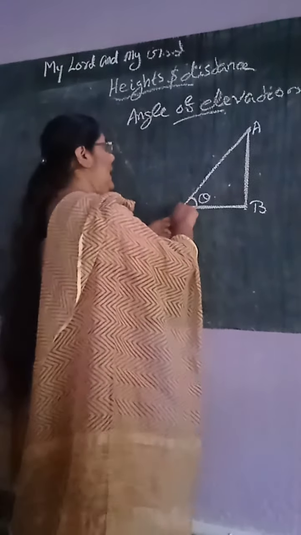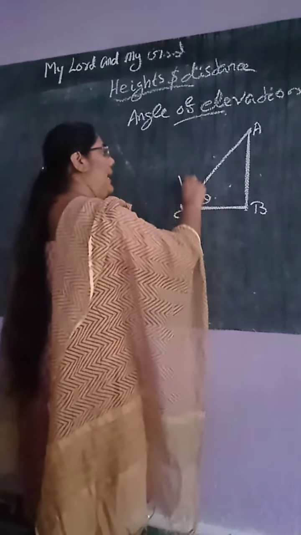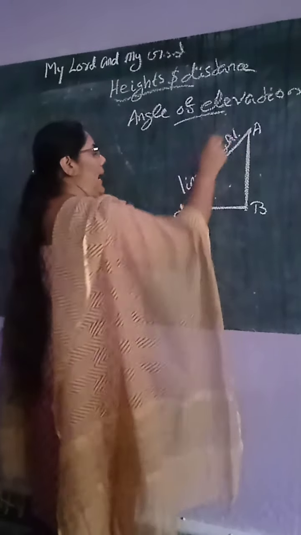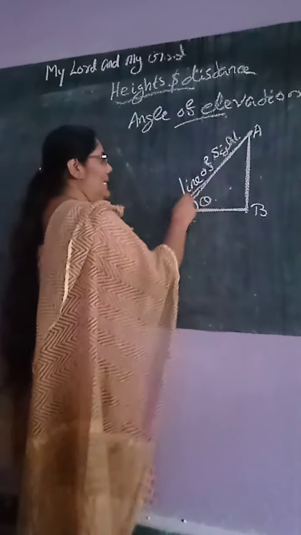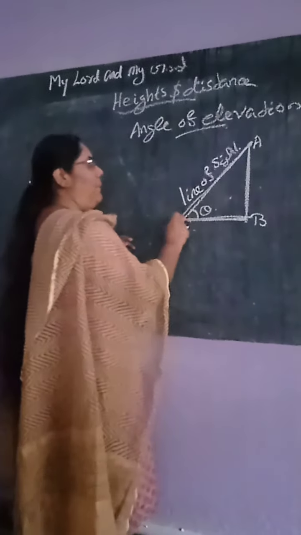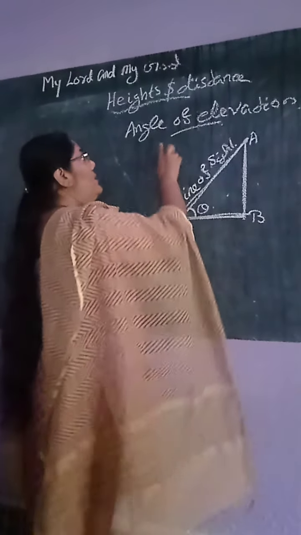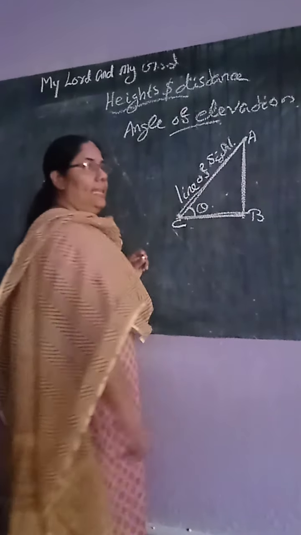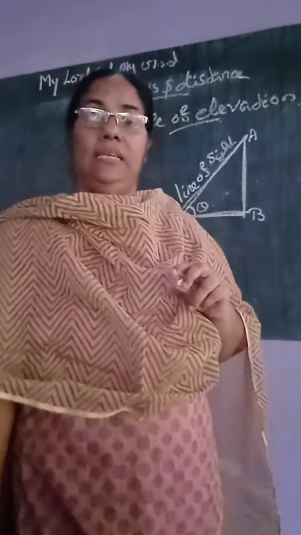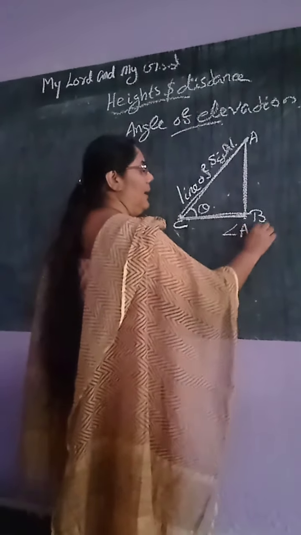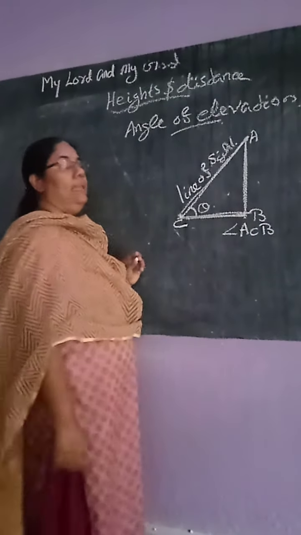Therefore, this CA is known as line of sight. And this AC and BC make an angle theta. That theta is known as angle of elevation. Right. That is, angle ACB is known as angle of elevation.